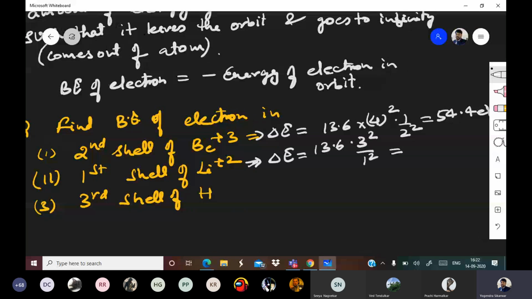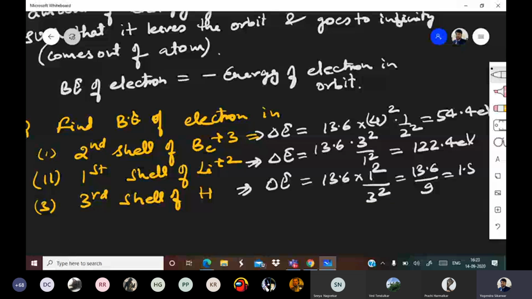Next is third shell of H. So delta E is equal to 13.6 into 1 square upon 3 square. So 13.6 divided by 9, and people are saying it is 1.5 eV.